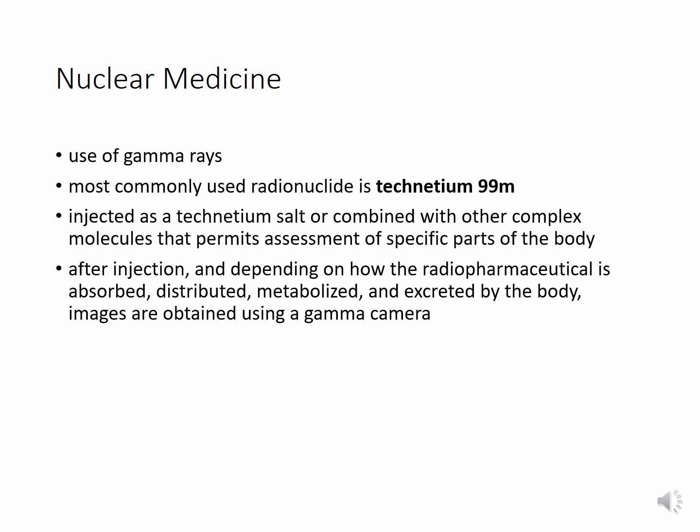The most commonly used radionuclide is technetium-99m, which is injected as a technetium salt or combined with other complex molecules that permit assessment of specific parts of the body. After injection, and depending on how much the radiopharmaceutical is absorbed, distributed, metabolized, and excreted by the body, images are obtained using a gamma camera.